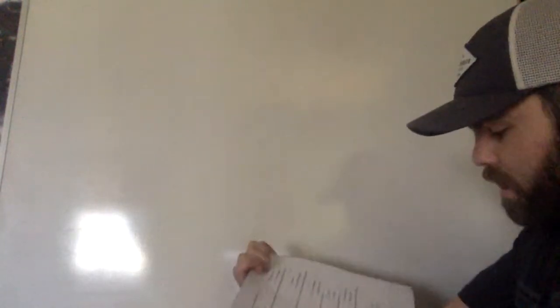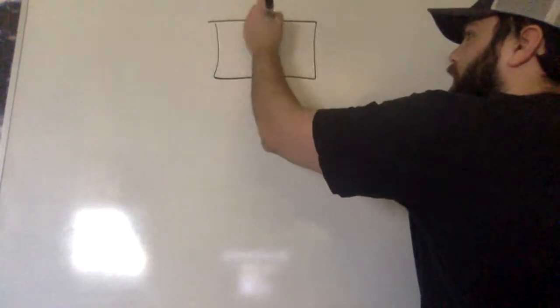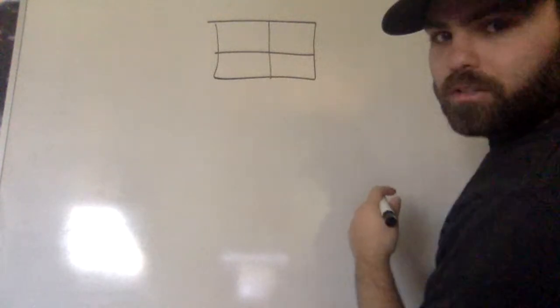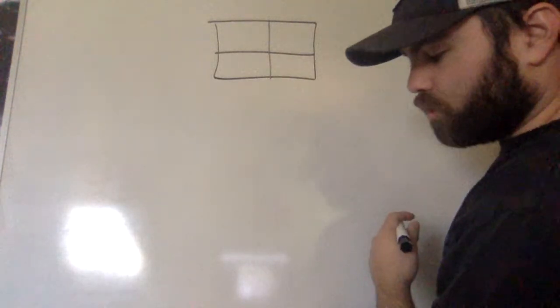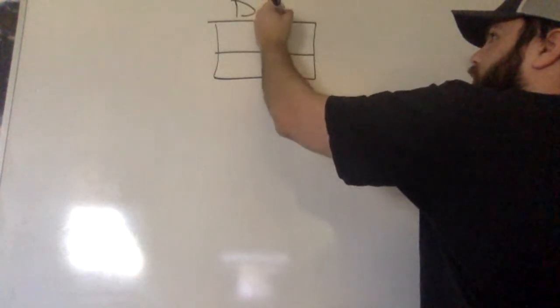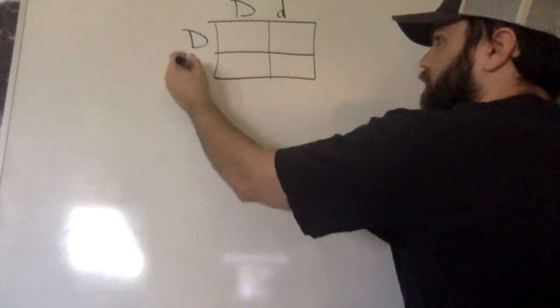So we are actually going to start at question 14. We're basically making a Punnett square. Before we do that, we have to find out what the choices are. So you're going to get big D, little d, big D, little d.